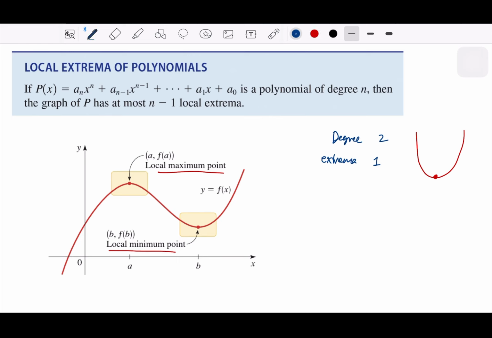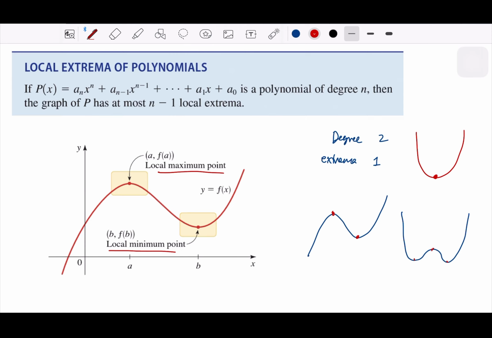And if it's degree 3, like the previous one, we can have 2, right? And if we have degree 4, like for example this, we can have 1, 2, 3. I think it's easy to visualize also.